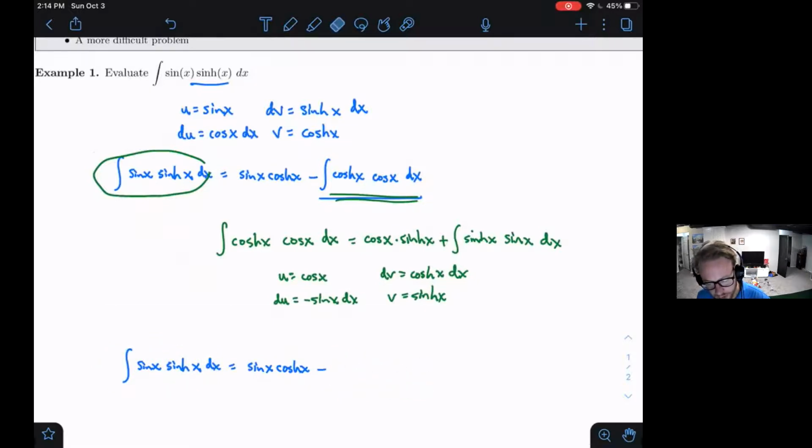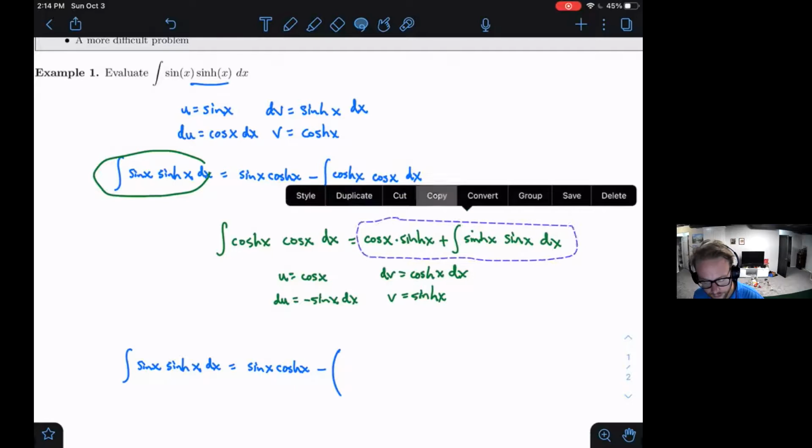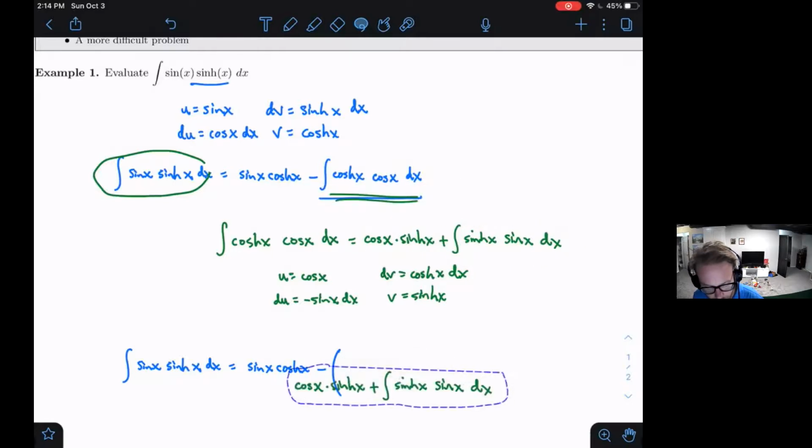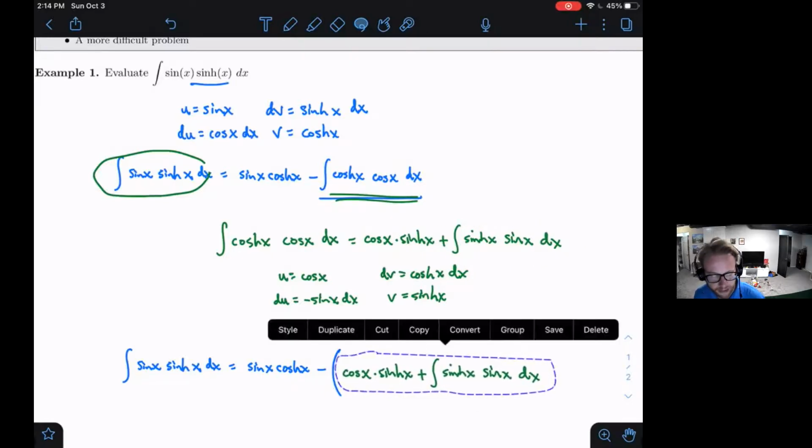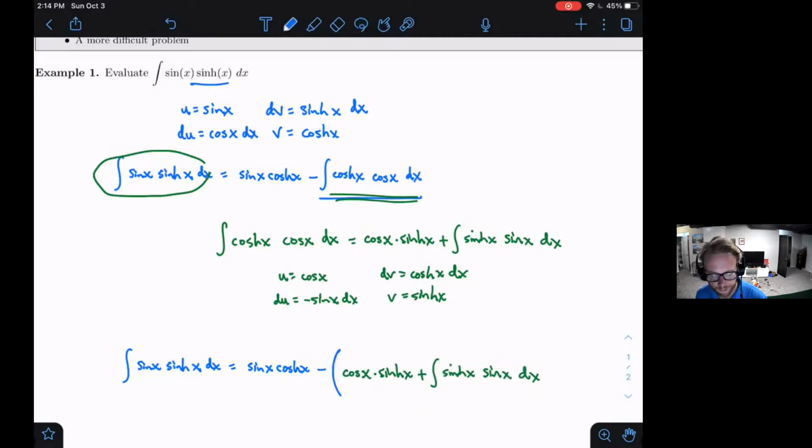And we just evaluated this bit here, and we found it was all this sort of stuff. So this integral of hyperbolic cosine times regular cosine was all this. And notice one of the most common mistakes that I see is forgetting to distribute this negative sign right here. And so that's why I included these parentheses.